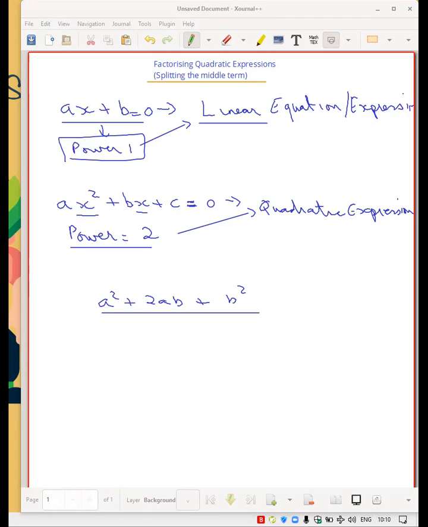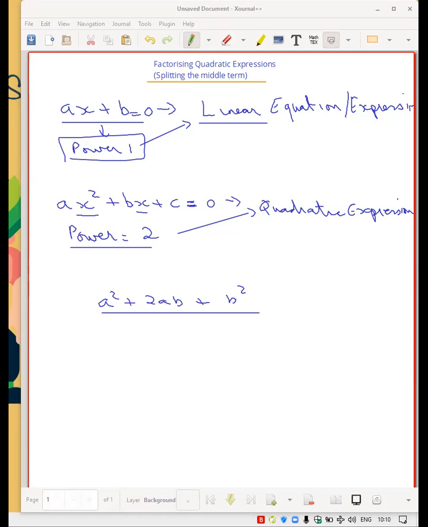Think about it and let me know. Yes, it is a quadratic expression. So we can even say that a perfect square trinomial would be a quadratic expression.